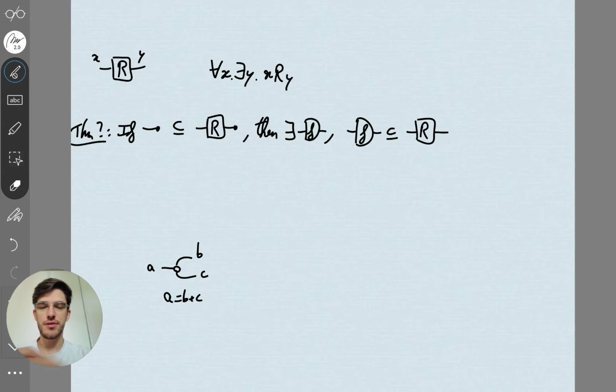So there's a bunch of things I want to say here. So first, let me go through an example. Here's my example. This is R. Here's this thing. And for every A, I can choose tons of B and C to work. But let's choose one. Can we choose one is the question.